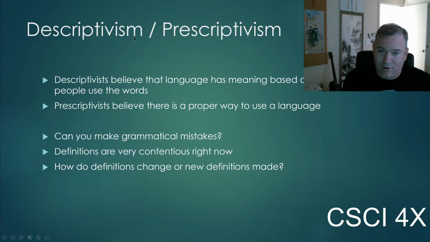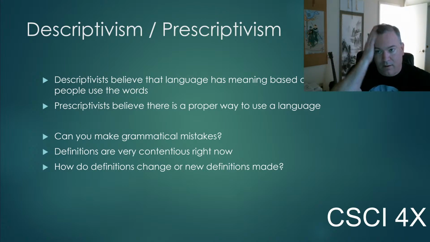We just have to pay attention to how people are using words, and that's what they mean. Whereas if you're a prescriptivist, you'd be like, no, you're using it wrong. That's not what the word means. And so these are two different schools of thought, and I think most people are somewhere in the middle between them. It's kind of a spectrum.